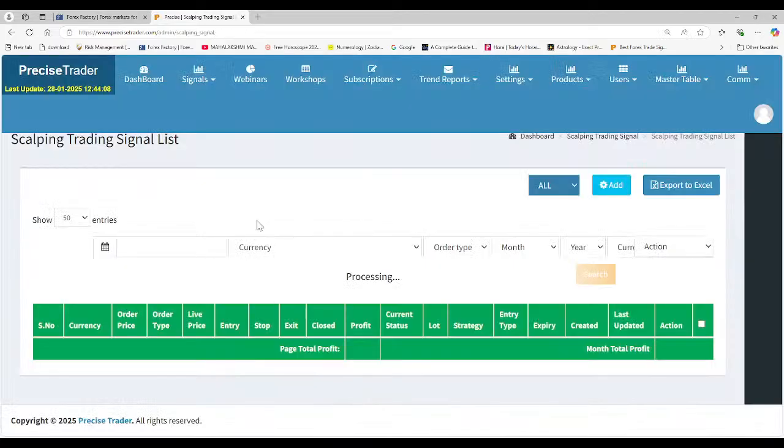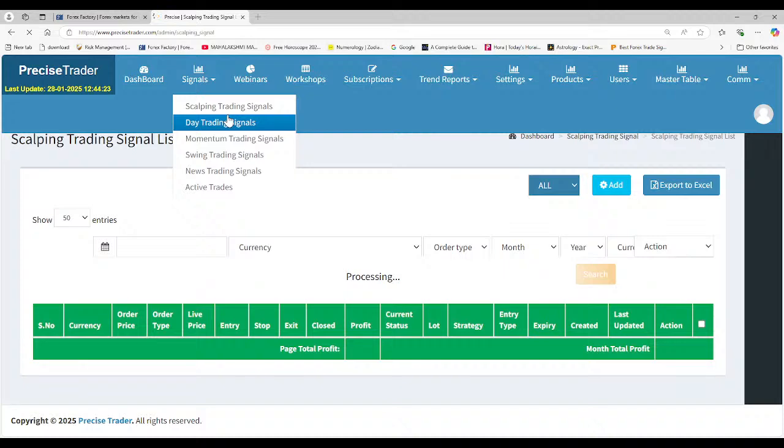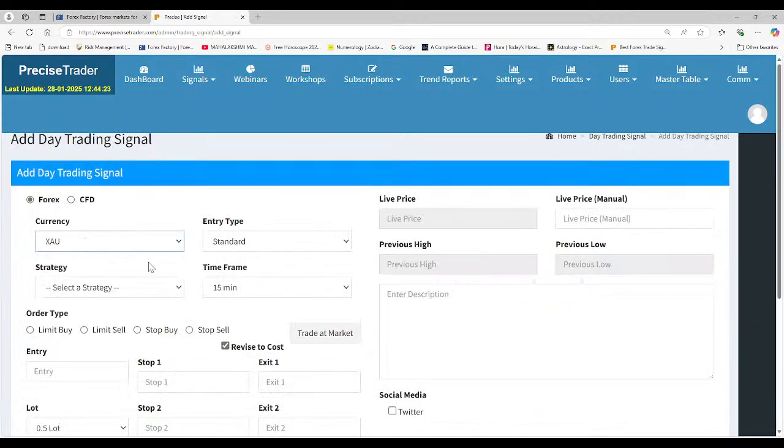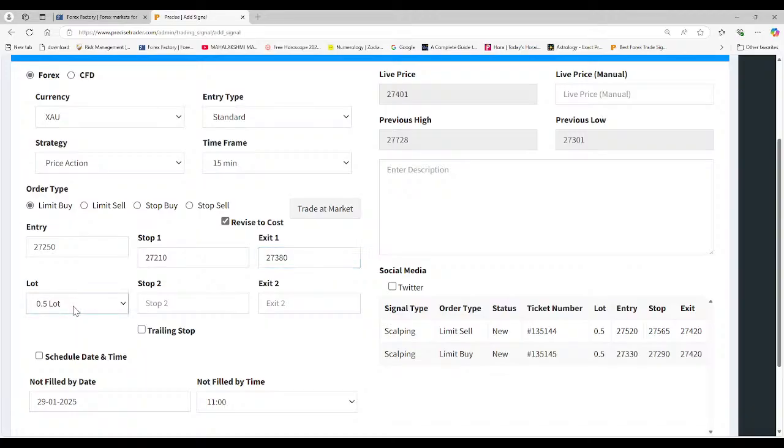Then we can go for a buy and hold at 2725.